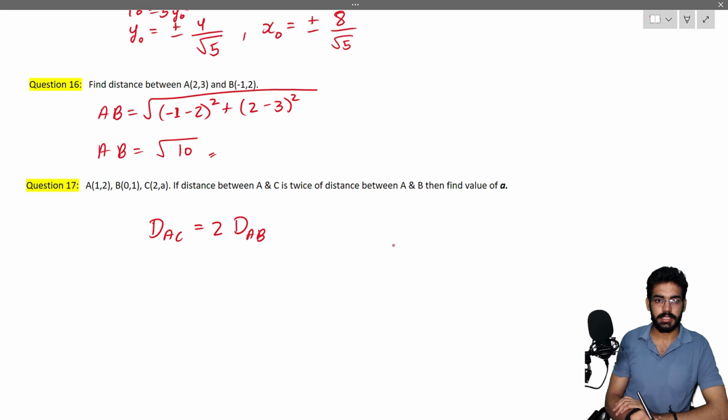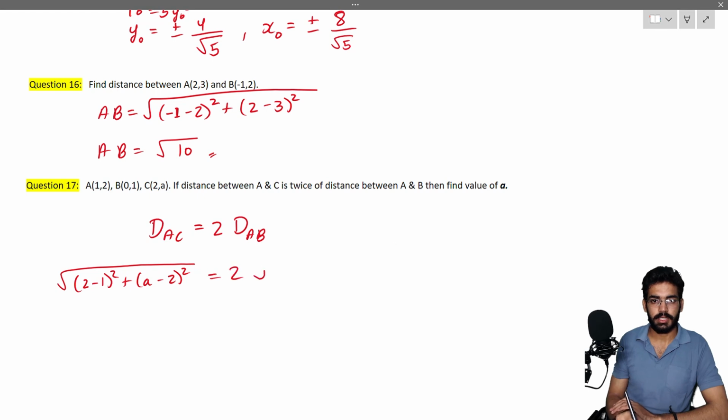Now the distance between AC I can write as under root of (2 minus 1) squared plus (a minus 2) whole squared is equal to 2 under root of AB, that I can write as (1 minus 0) squared plus (2 minus 1) squared.